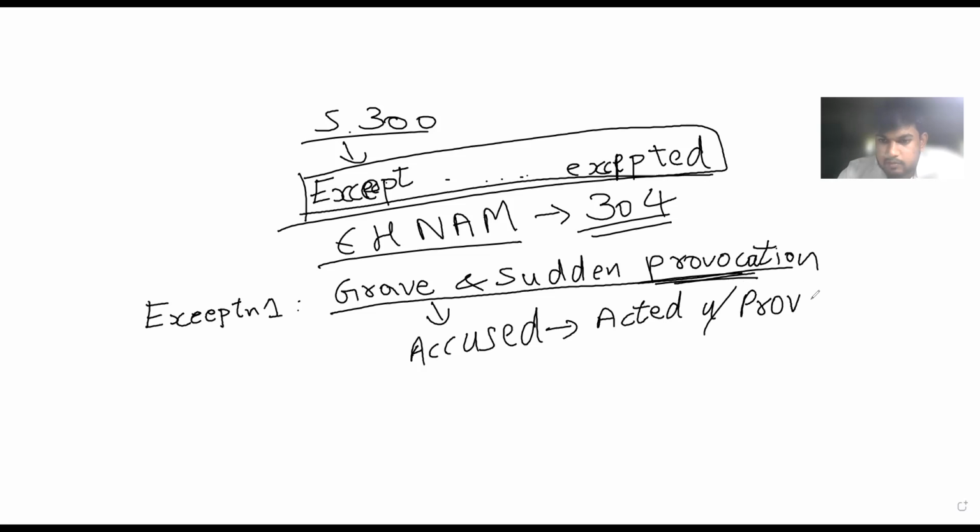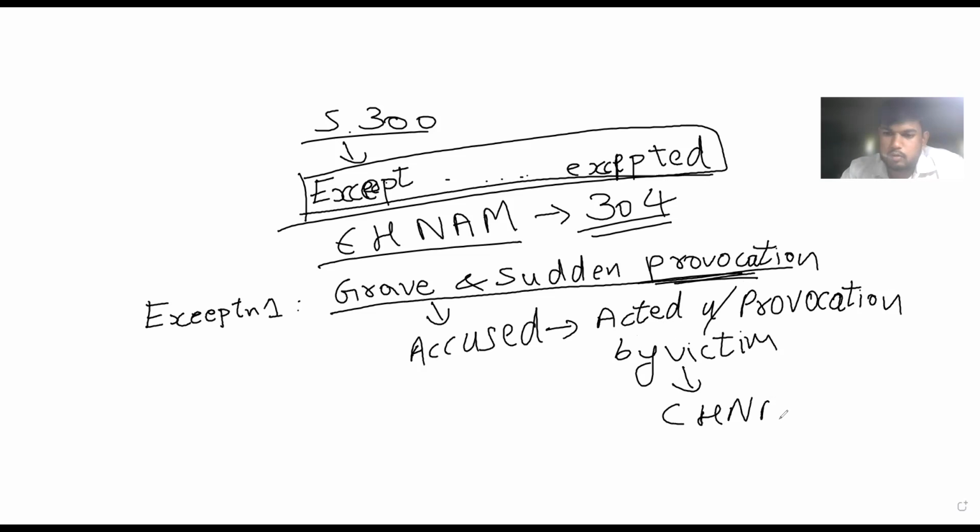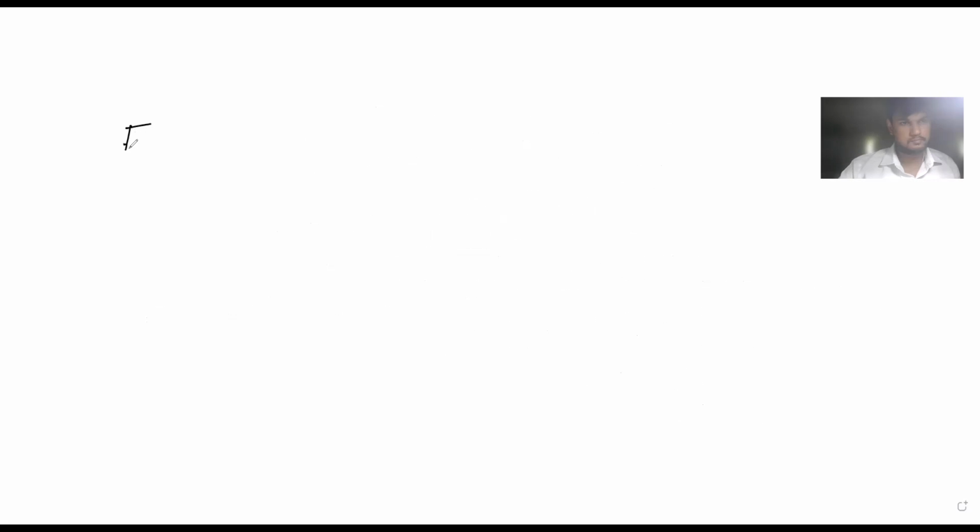Acted under provocation by the victim, then it will not be murder, rather it will be culpable homicide not amounting to murder. Okay. Now, exception 2.